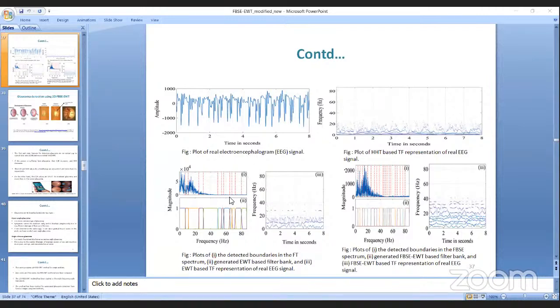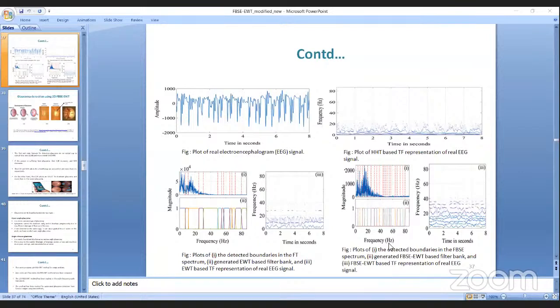But when you go for the empirical wavelet transform, which is based on the conventional Fourier transform, here you can see the Fourier spectrum, this is the segmented spectrum with detected boundaries, and these are the designed filters. This is the time frequency representation obtained using empirical wavelet transform. Here also you are not able to see the high frequency components present in the epileptic seizure EEG signal.